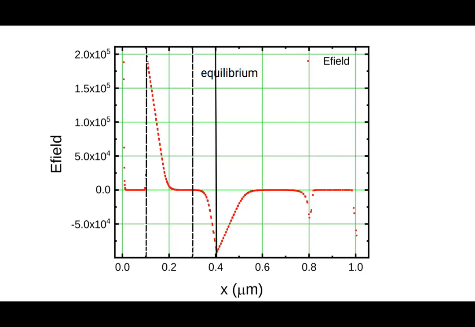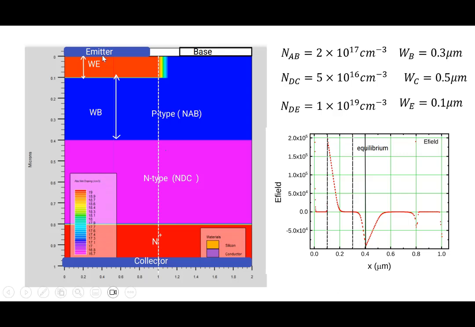Electric field. So where are we going? Note that we are going from the top and we are going down. So this large electric field is where? This is at equilibrium. No voltage is applied anywhere. Emitter is 0, base is 0, collector is 0. So what is the first large increase in electric field? This depletion region. And then there is the other depletion region here, which is negative, because this is an NP junction, and in an NP junction the field is from positive to negative, so it's fine.